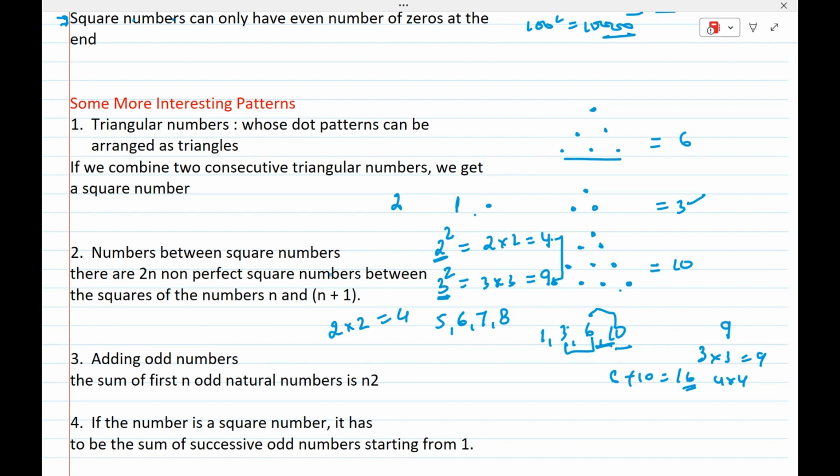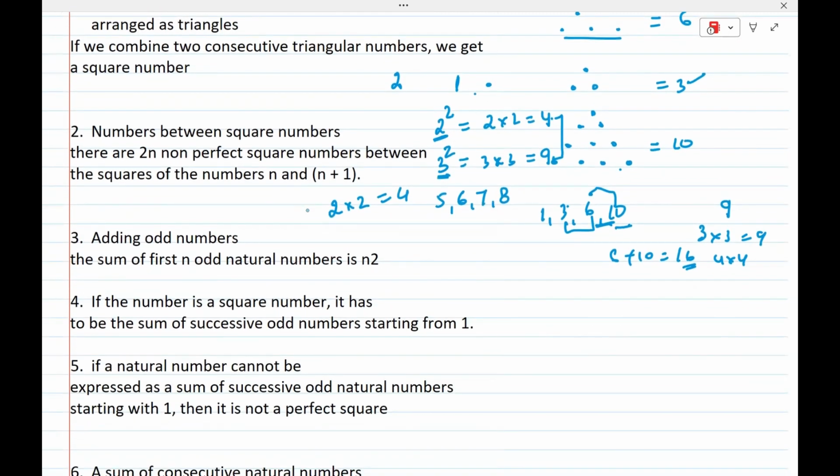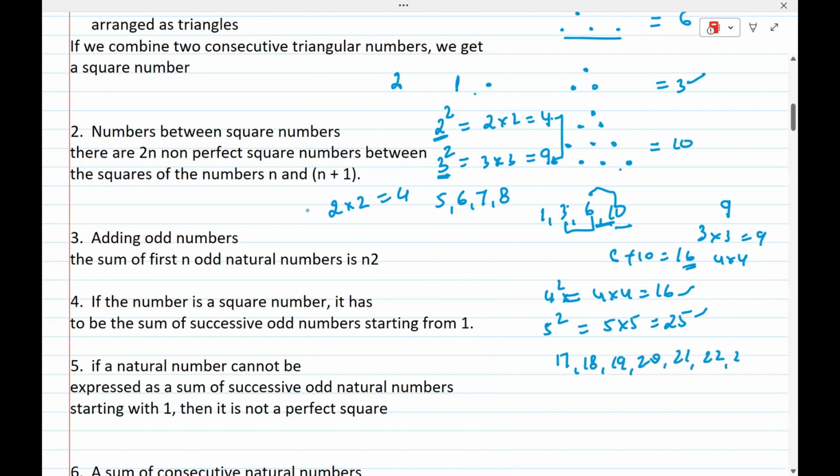Let's take one more example. Suppose I have a number which is 4. So 4 squared is 4 into 4, which is 16. Take another number, the next consecutive, 5. That is 5 into 5, which is 25. Count how many numbers are there between 16 and 25: 17, 18, 19, 20, 21, 22, 23 and 24. How many are there? 1, 2, 3, 4, 5, 6, 7, 8.